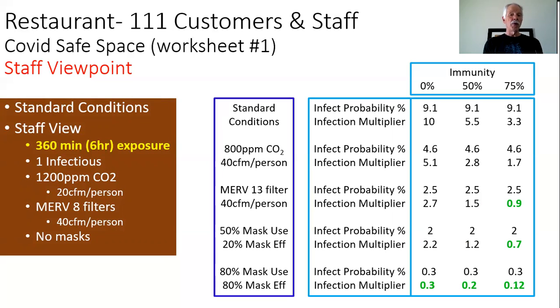So as we follow through what the calculator would show us, that doubling ventilation, which reduces carbon dioxide from 1200 to about 800 parts per million, and then adding significantly better air filtration, changing from standard MERV 8 to MERV 13 filters, that we make these important jumps, these important reductions in infection probability and infection multiplier, but still, especially effective mask wearing and efficient masks, good fitting masks, masks with low leakage are exceptionally important to get the infection multiplier well below one and also to get the infection probability for your staff and employees as low as is practical.